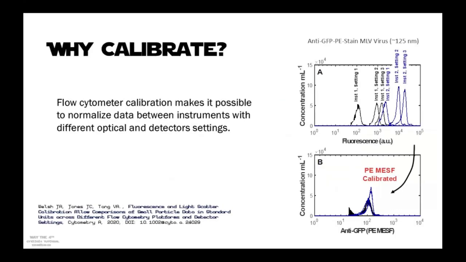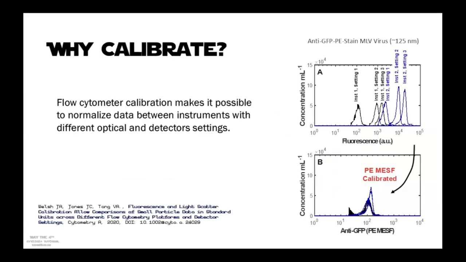So we see that when we use fluorescence calibration, at the top of this plot is a virus, the murine leukemia virus, and it was acquired on 2 different flow cytometers, which are the black and the blue lines, and then 3 different settings on those 2 cytometers. You can see with uncalibrated data, we have 6 populations, even though it was the same sample.